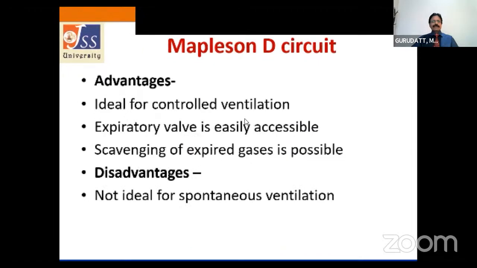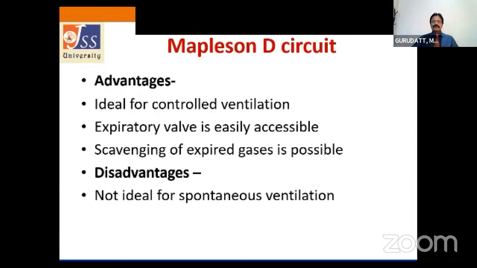They are ideal for controlled ventilation because the expiratory valve is away from the patient end and easily accessible. Because of that, scavenging of the expired gases is also possible. The only disadvantage is that it may not be ideal for spontaneous ventilation, but even then it requires just two times the minute ventilation. So definitely you can use it for both spontaneous and controlled ventilation if you don't have a Mapleson A circuit.